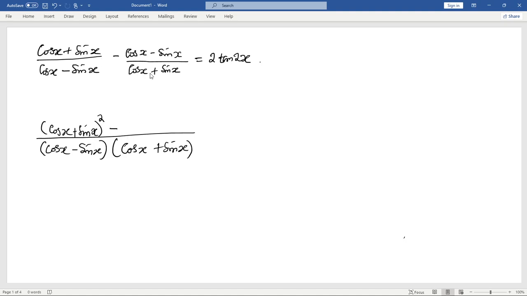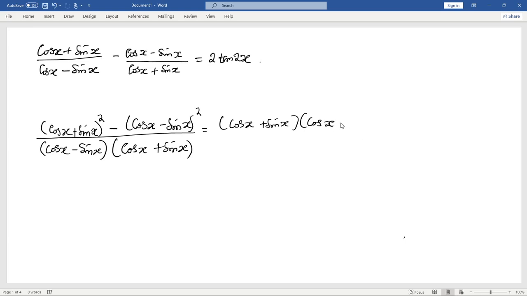If we divide this into what we have here, we're simply going to have (cos x − sin x) squared.